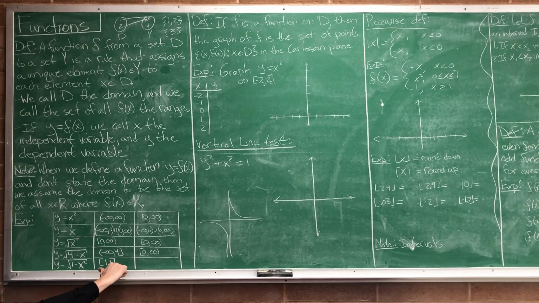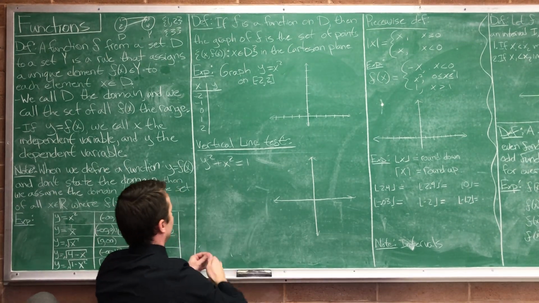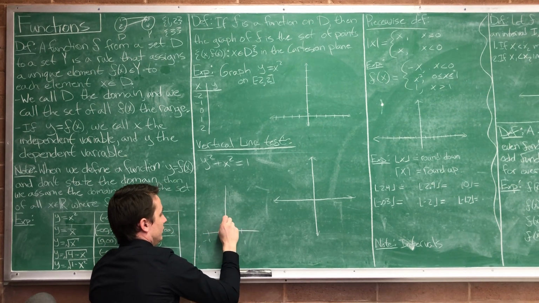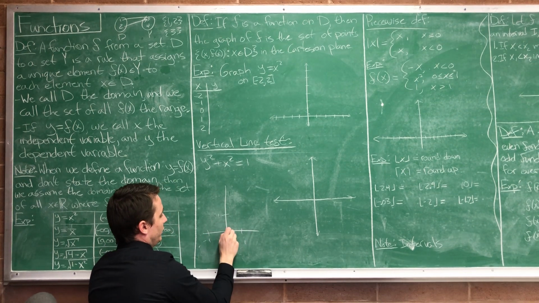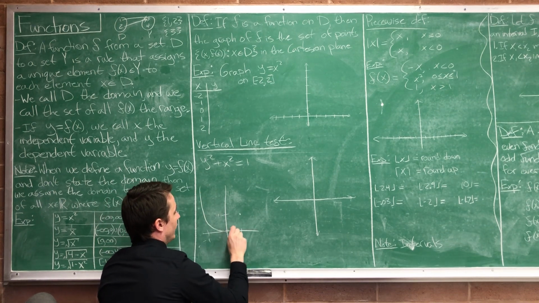If I try plugging in a smaller negative, like negative 2, we break it. If I try plugging in a number bigger than 1, we break it. I can't let x squared become bigger than 1. When is x squared less than or equal to 1? On that interval. If we graph x squared, here's negative 1, here's 1, it looks roughly like a parabola.